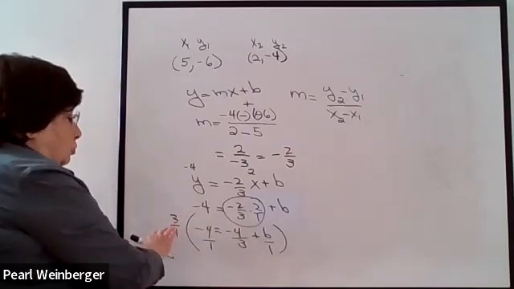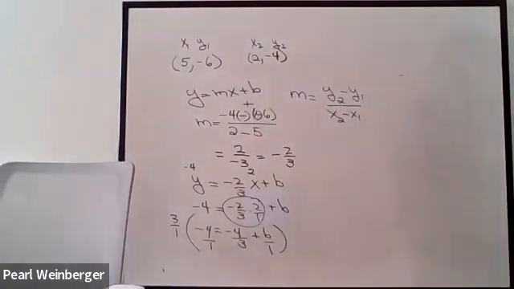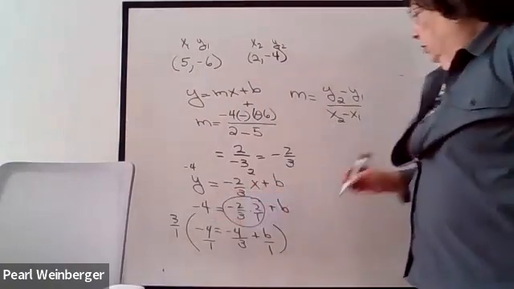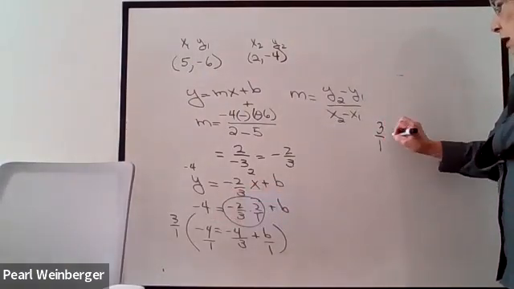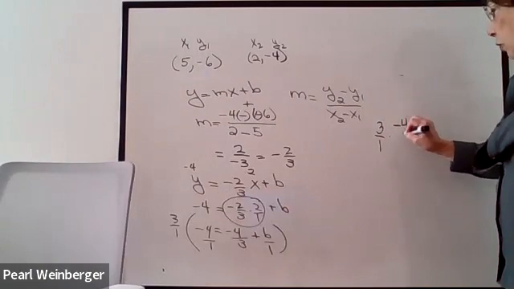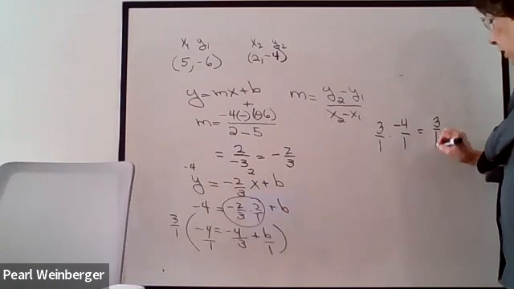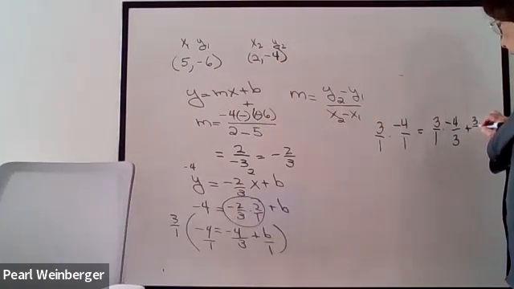I'm going to distribute the 3 over 1 so that I'm going to get rid of the fractions. So distributing, I'm getting 3 over 1 times negative 4 over 1 equals 3 over 1 times negative 4 over 3 plus 3 over 1 times b over 1.